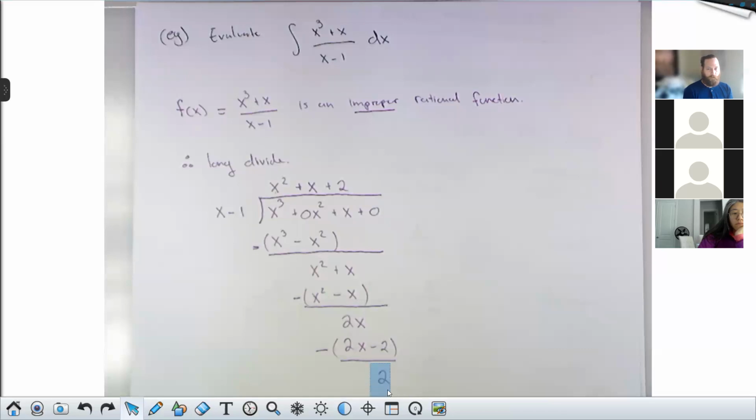This term down here is called your remainder, just like in elementary school, right? Like 10 divided by 3 is 3 with a remainder of 1. This is your remainder. This thing up here is called your quotient. This is the answer.